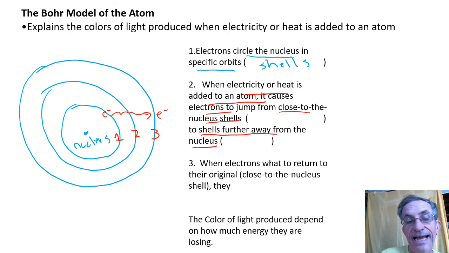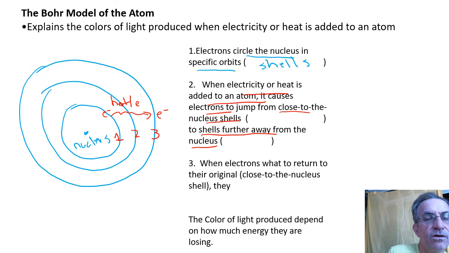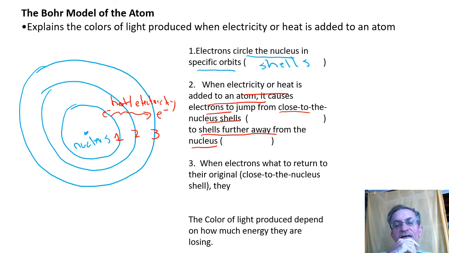That energy could be heating up an element or adding electricity to an element. Electrons don't necessarily want to be in these further away shells, so we forced them to go far away by giving them energy. When they absorb that energy, they get moved further away from the nucleus. So they go on a little trip.